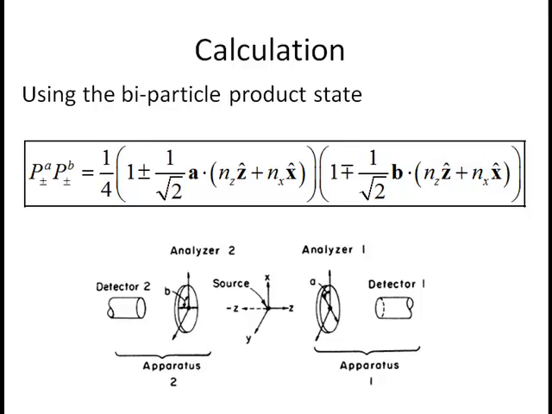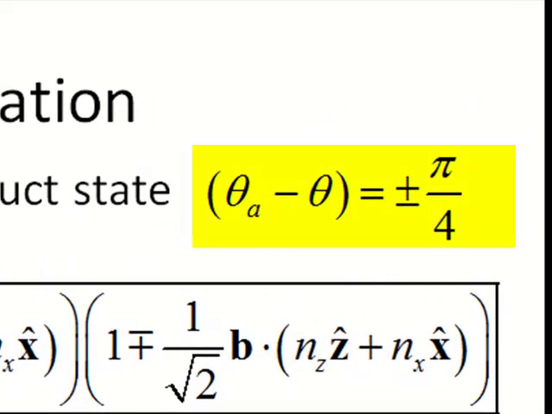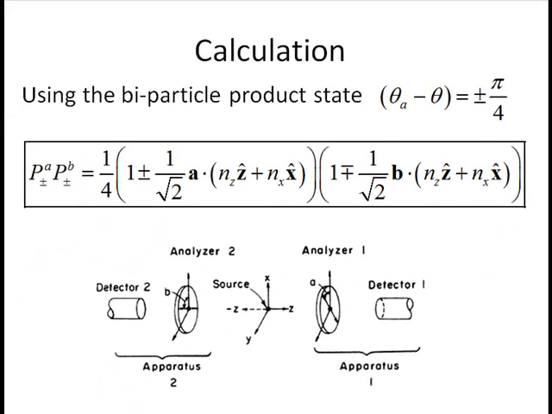If we set Alice's angle to any fixed value, then all the spins reaching Alice will define a unique ensemble that maximizes the probability, which, if you recall, is equal to theta A minus theta equals 45 degrees. Actually, plus or minus 45 degrees, because as we will see, there are two distinct ensembles.